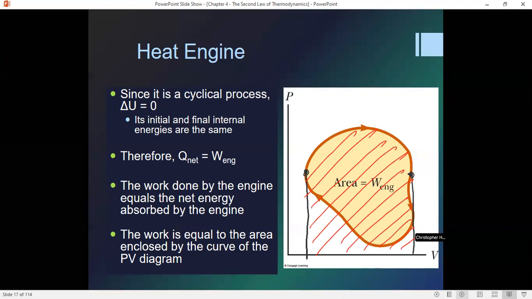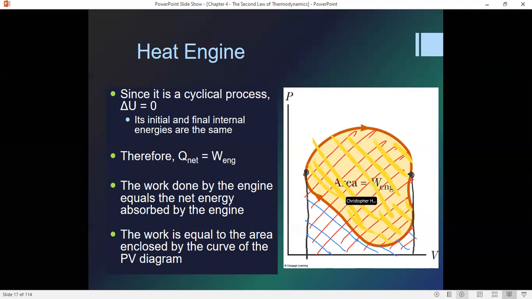During the compression phase, I gave up this much area. So the total work done during this entire process was all this in here.